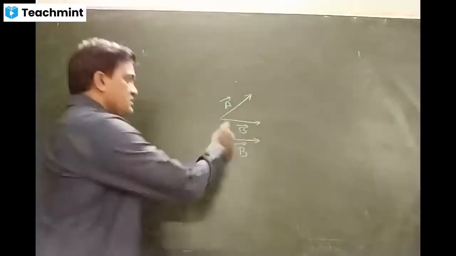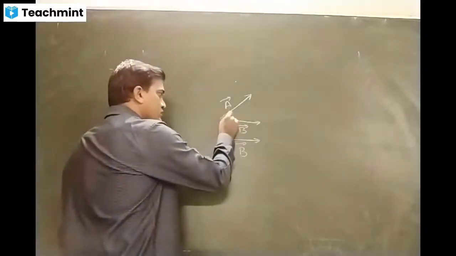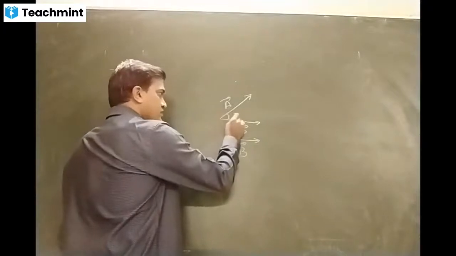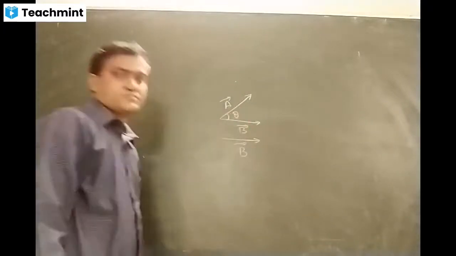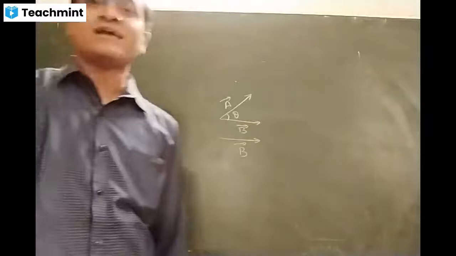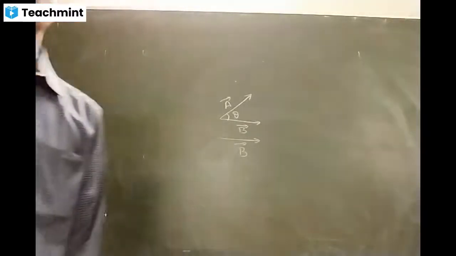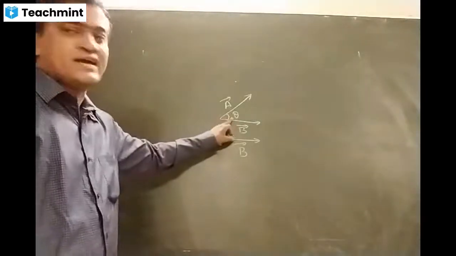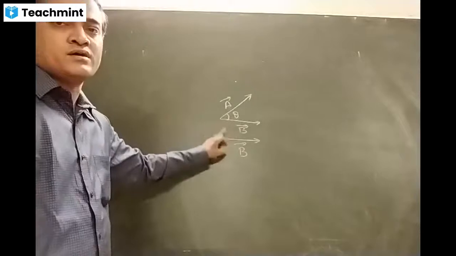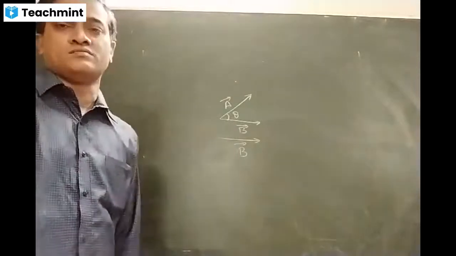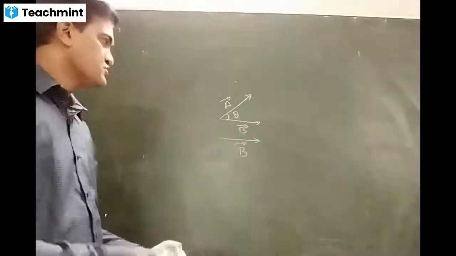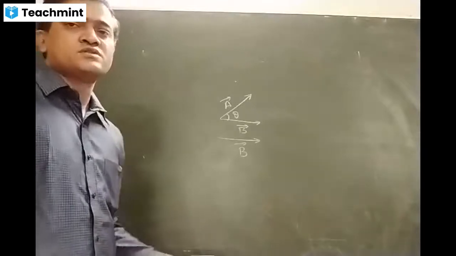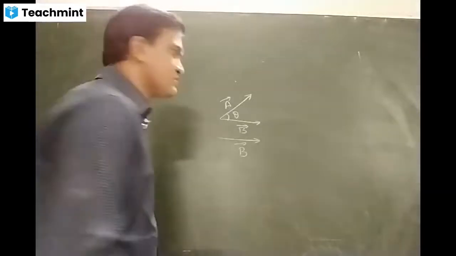Then the angle you measure between A bar and B bar is the angle between the two vectors. Here theta is the angle between A bar and B bar, and this theta should be small.